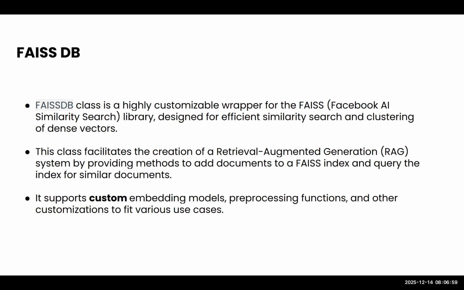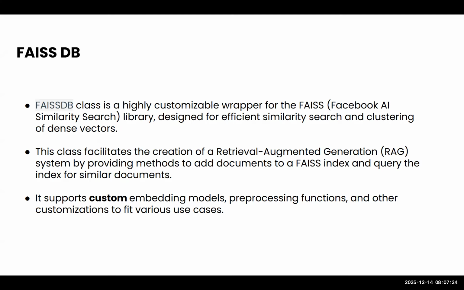FAISS DB is a wrapper on FAISS. This is what Meta has been using in Facebook for its search, right? It needs to calculate nearest neighbors and the relations, like you might know this person, this person might know that person, based on their connections, a graph kind of thing.